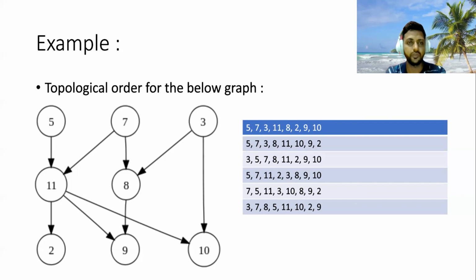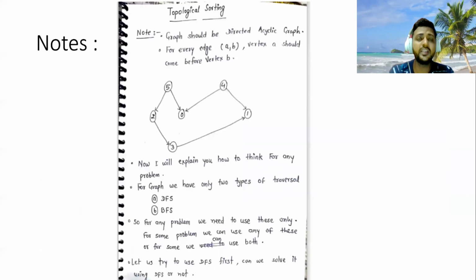Now we got it. This is about what the topological order is and how we can do that. Now let us jump to how to think about a problem. Let's say you want to solve this problem. What will you think, and how do you get to the approach? This is the basic notes which I have, and I will try to explain from level 0.